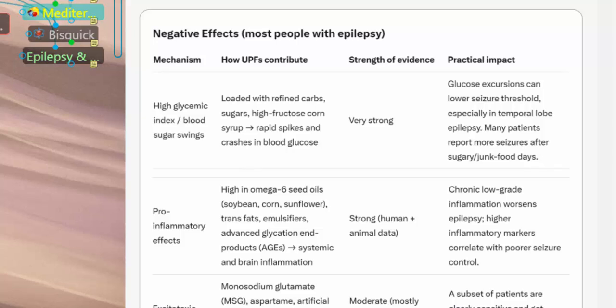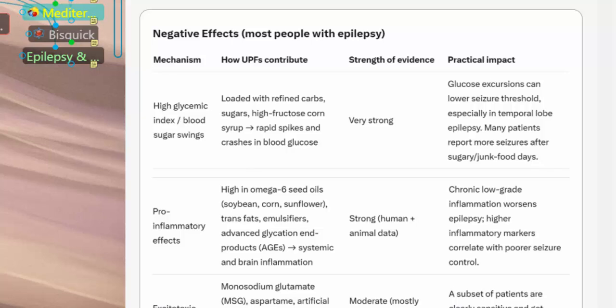Here's a chart that's showing you high glycemic index food where their blood sugar swings can contribute because they're loaded with refined carbs, sugars, high fructose corn syrup, that causes rapid spikes and crashes in blood glucose. The strength of evidence here is very strong. Glucose excursions can lower seizure threshold, especially in temporal lobe epilepsy. Many patients report more seizures after sugary junk food days.